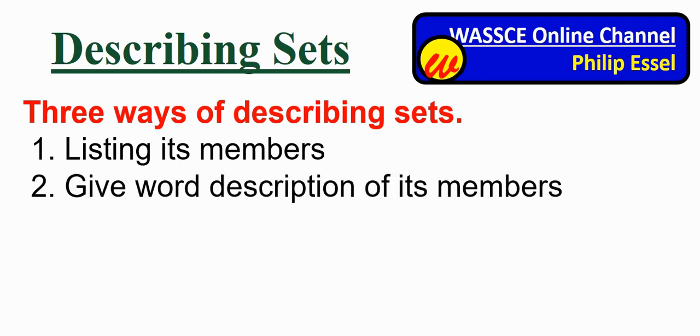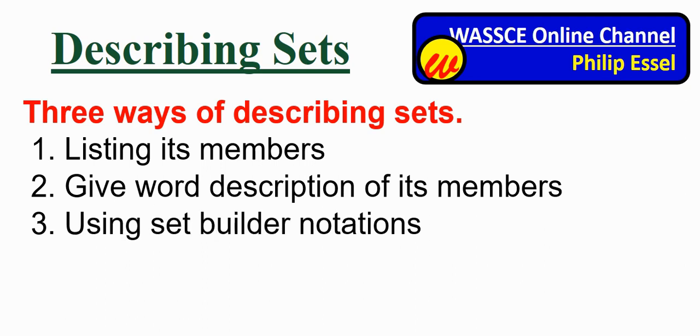The second way is done by using word descriptions or short sentences. Finally, we can use set builder notations to describe sets. Now, let's look at each of these descriptions in detail.